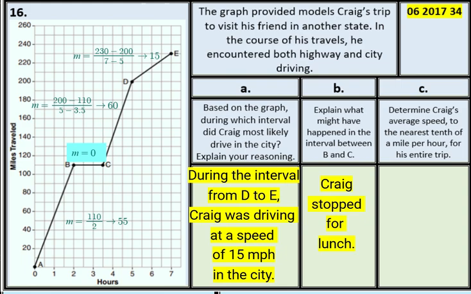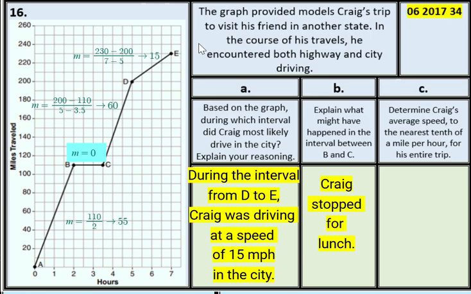So for answer C, it says determine Craig's average speed to the nearest tenth of a mile per hour for his entire trip. Now, this looks hard because we've got all these different slopes here, but we don't care about all these different slopes.